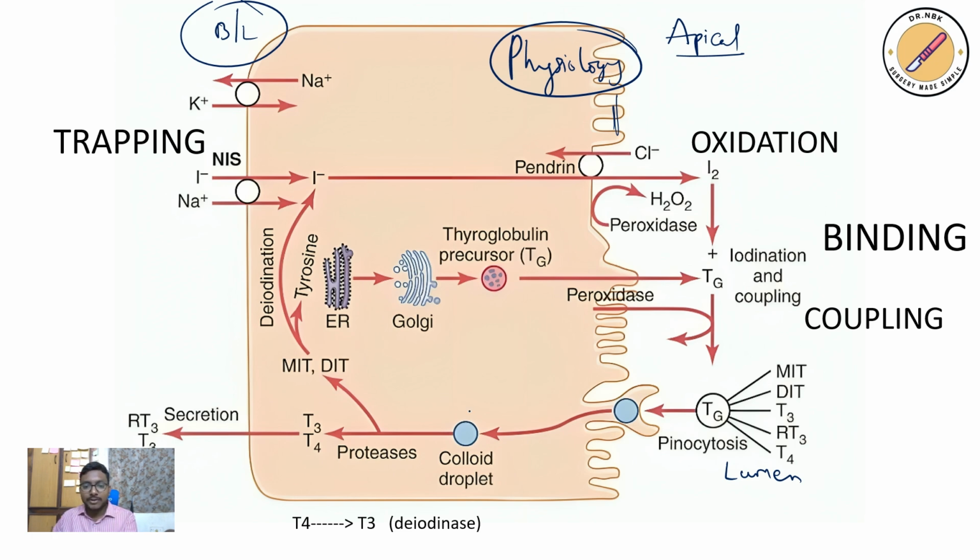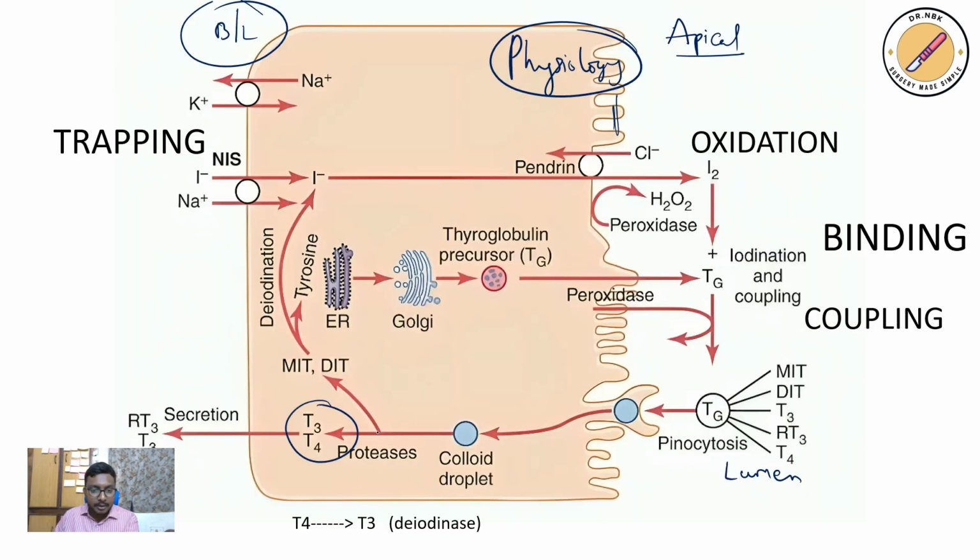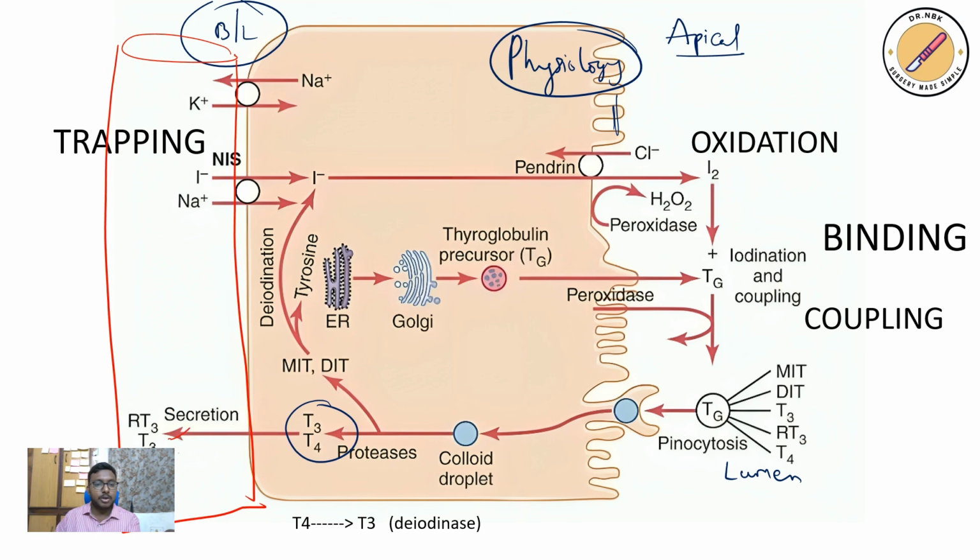Once it comes into the follicular cell, there your T3 and T4 are separated. You can see here T3 and T4 being separated, and they are secreted into the blood circulation. Imagine this is the blood vessel you have. Into the blood circulation, your T3 and T4 are released.